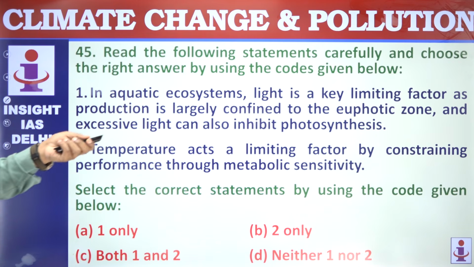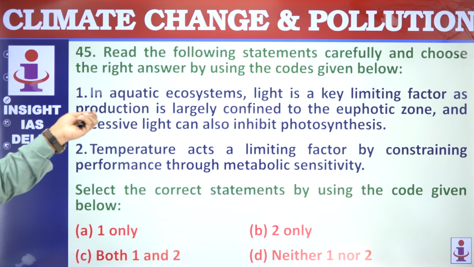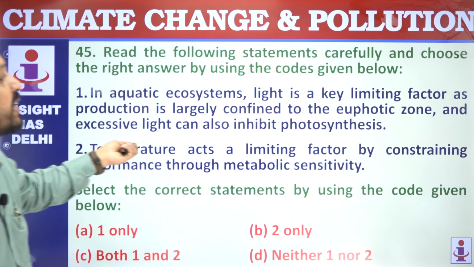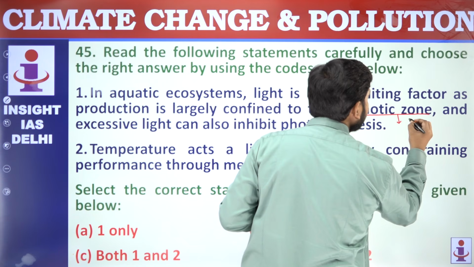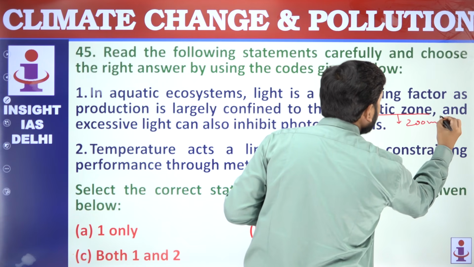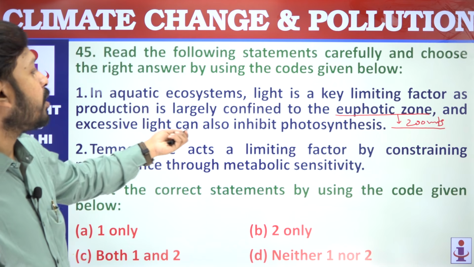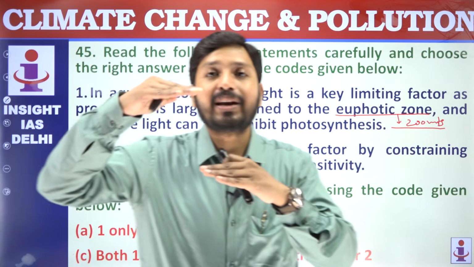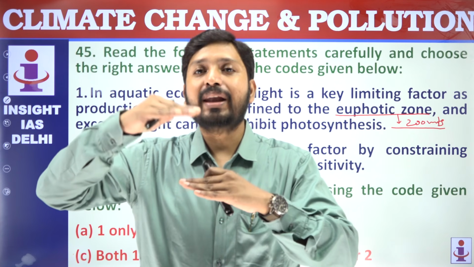Read the following statements carefully and choose the right answer by using the code given below. In an aquatic ecosystem, light is a key limiting factor as production is largely confined to the euphotic zone. The euphotic zone is the zone where sunlight penetrates, somewhere around the top 200 meters. Excessive light can also inhibit photosynthesis. Too much light will have an impact, no light also will have an impact, so light should be moderate.